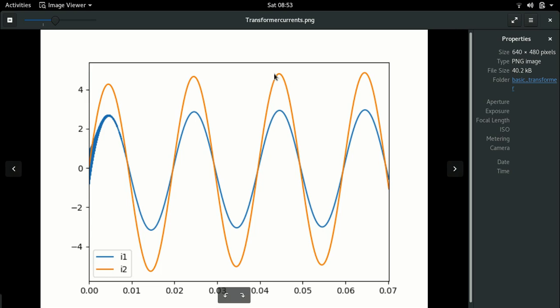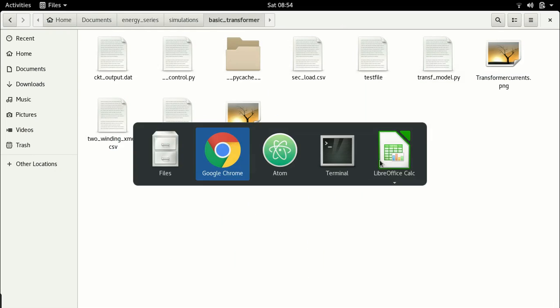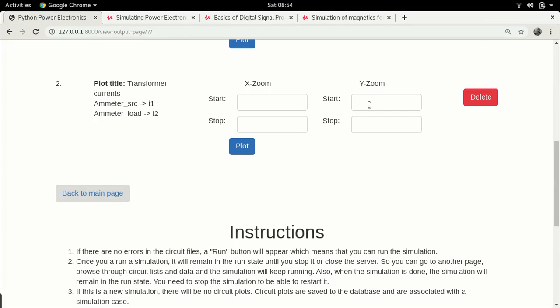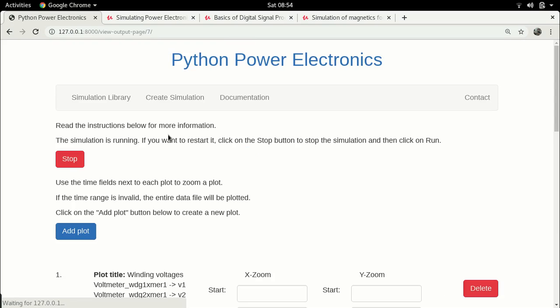But still, let me zoom in on this because it's not very clear, between 2 and 5. So let me plot this between 2 and let's say 6, just to make sure that we have the same or similar ratios with respect to the currents as well.